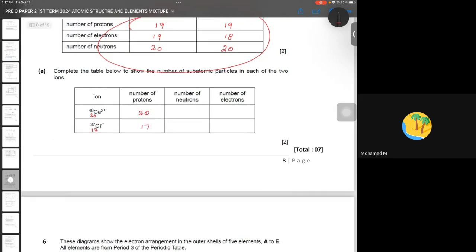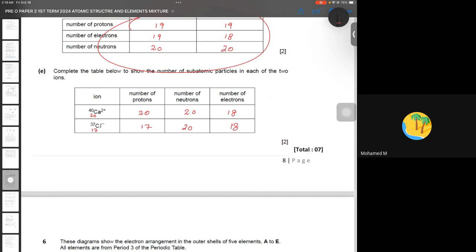And this is 17. The number of neutrons would be 20, and the other one would be 12. The number of electrons would be 18 for calcium, and that one would be 18.